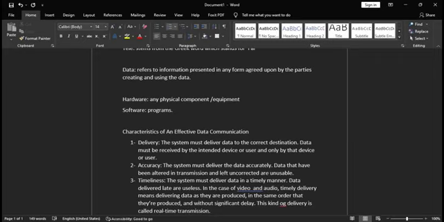So here let's put some apostrophe so that you can highlight that real-time transmission.